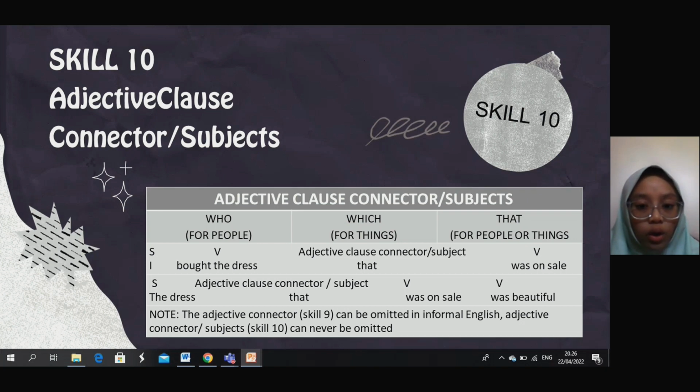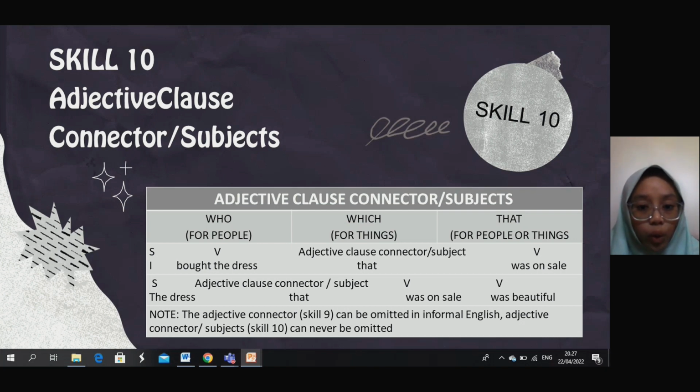Why? Because who here is the connector itself and the subject, then which is for things, and that for people or for things. For example, I as subject, bought as verb, the dress as object, that as connector or subject, was as to be, and on sale as adjective.